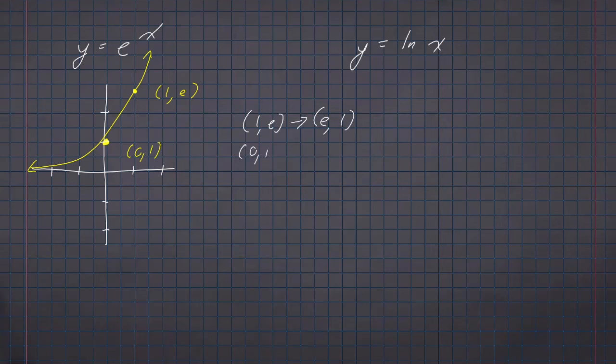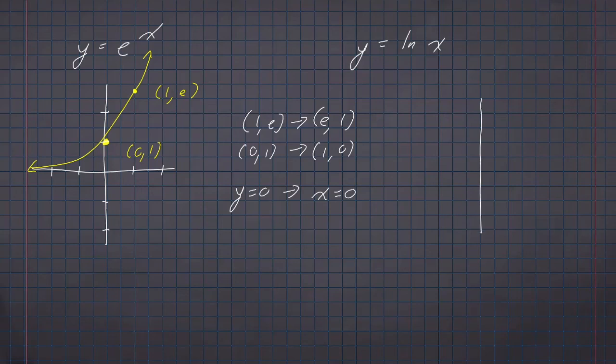The point 0, 1 is going to swap and become the point 1, 0. And the asymptote, which was at y equals 0, is going to swap x and y and become the vertical asymptote, x equals 0.